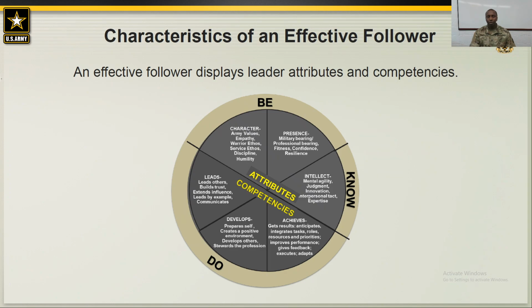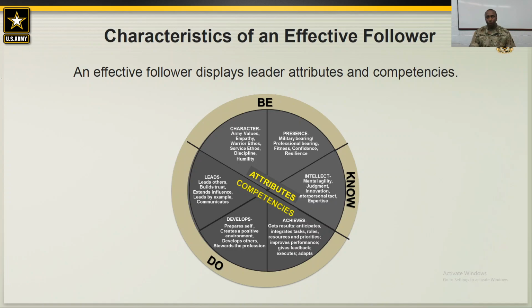All right, so within the characteristics of an effective follower, you should ask yourself this question: how does an effective follower display these leadership attributes and competencies? And of course, the attributes on the leadership requirements model are character, presence, and intellect, and the competencies are leads, develops, and achieves.